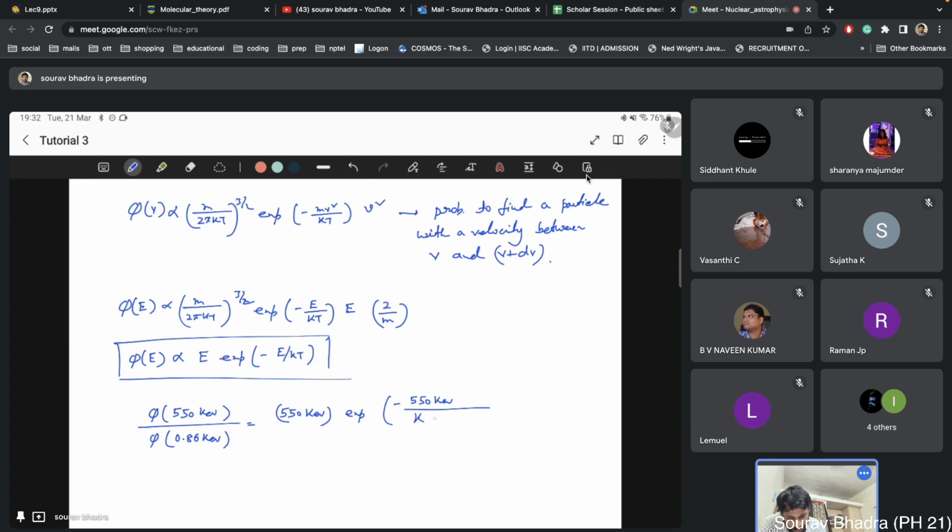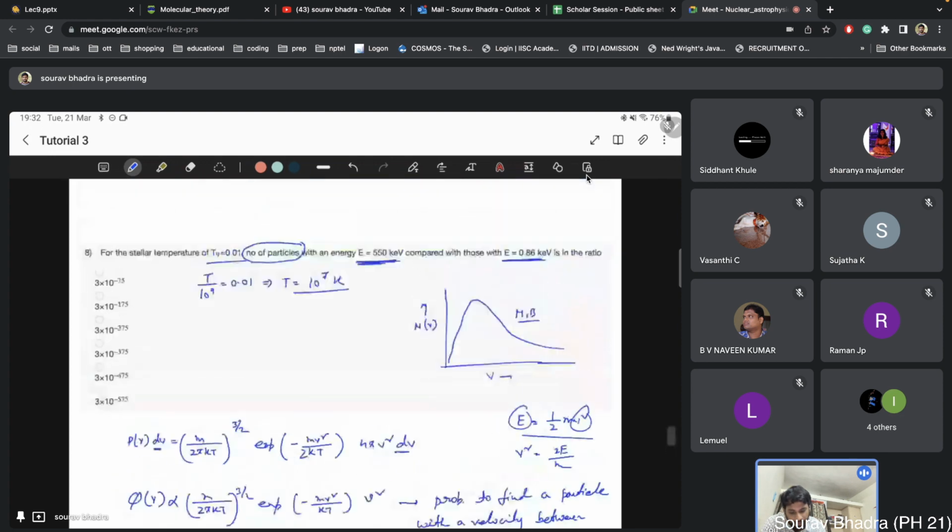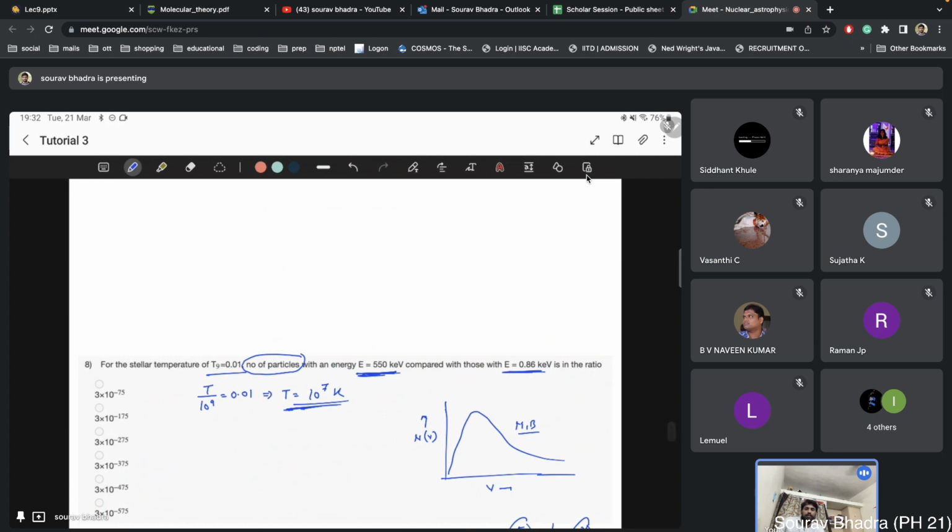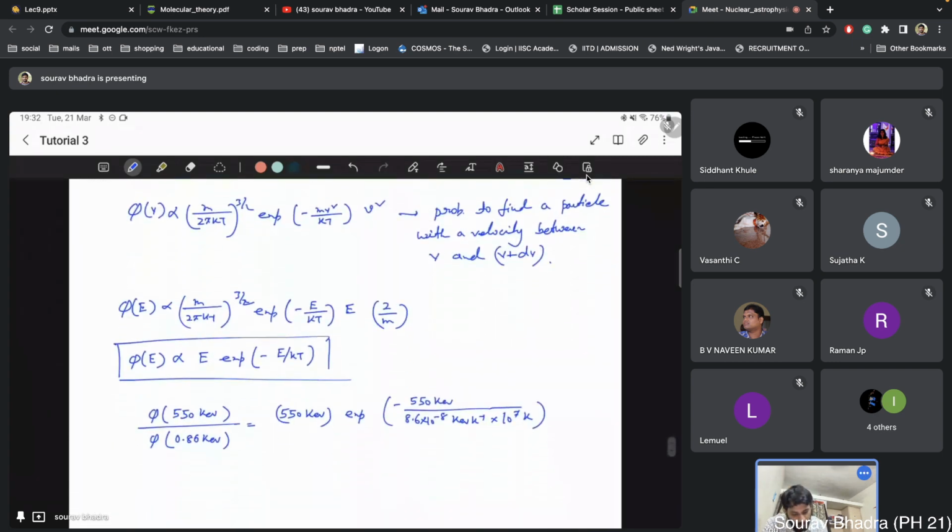I will not write the value of k again, I had it in the previous question: 8.6 times 10 to the power minus 8 keV per kelvin, times 10 to the power 7 K. This 10 to the power 7 K I calculated here: T9 is 0.01, which means T equals 10 to the power 7 K. This is divided by 0.86 keV times exponential of minus 0.86 keV divided by the same kT.